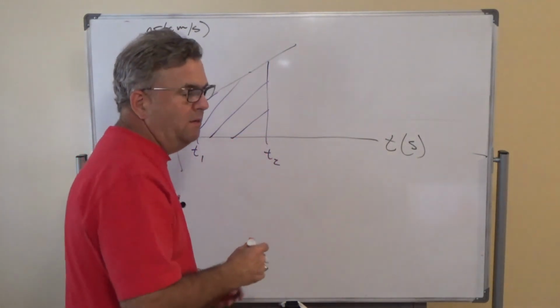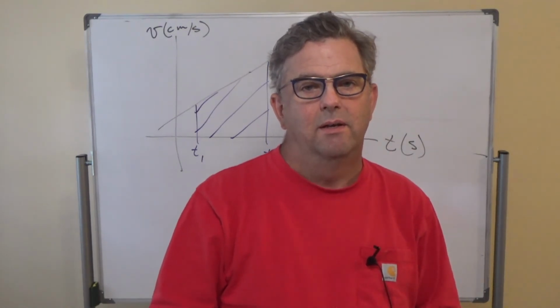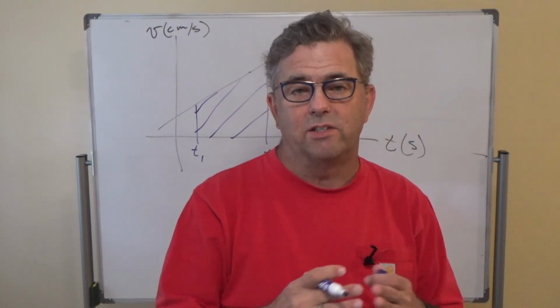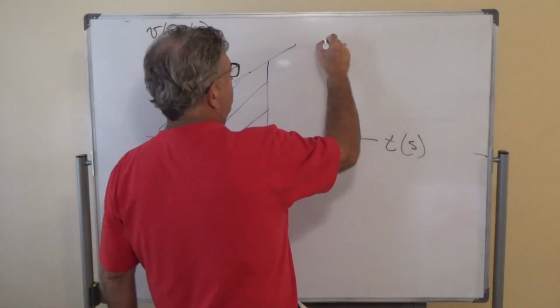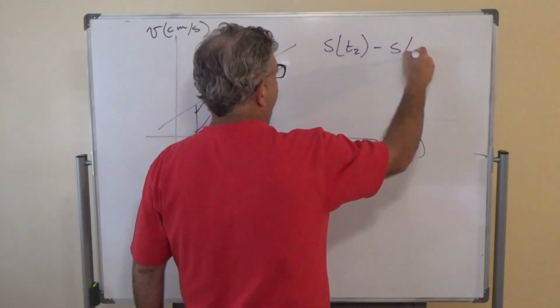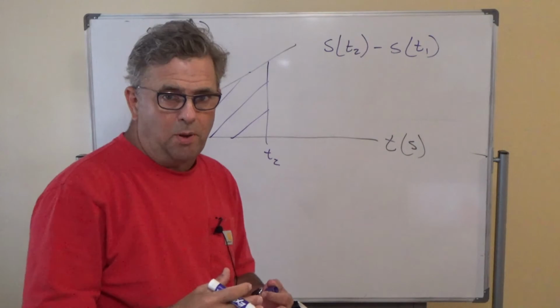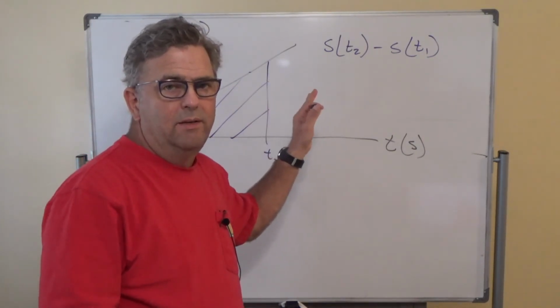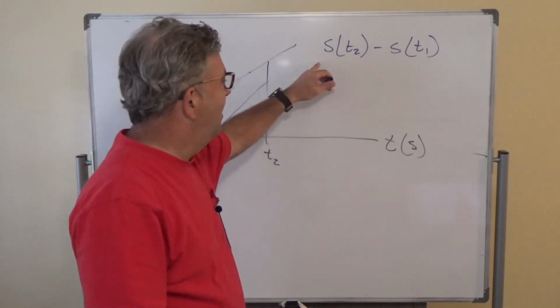What's the area underneath a velocity versus time plot? That's position, or that's displacement. So you look at S of T2 minus S of T1 from the previous plot, because you just plotted S, this is position, okay, not time.